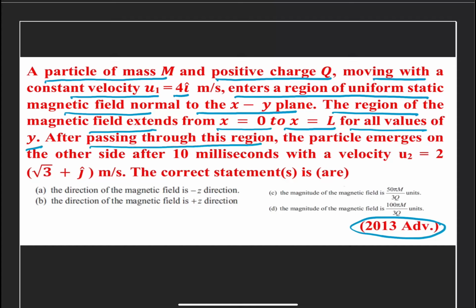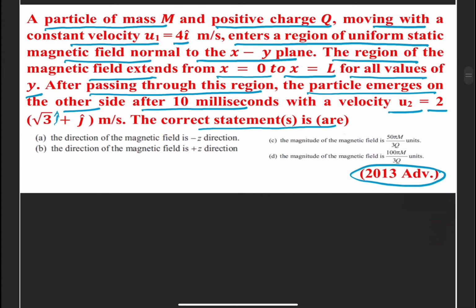After passing through this region, the particle emerges on the other side after 10 milliseconds with the velocity u2, that is given as 2 square root of 3 i unit vector plus j unit vector. The correct statement is or are.